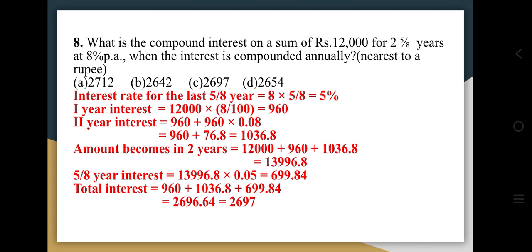So the amount becomes 13,996.8 in 2 years. Now we have to calculate the interest for the 5 by 8 years for the amount 13,996.8. The interest rate is 5%.